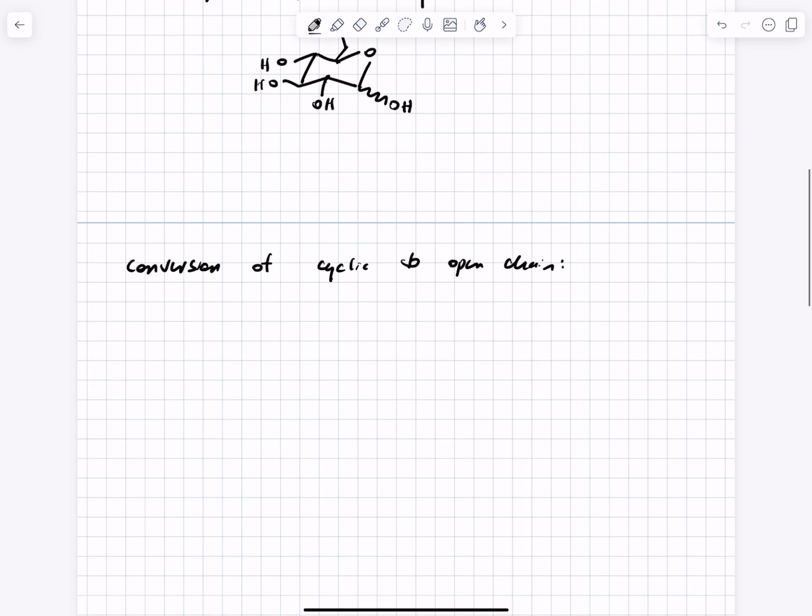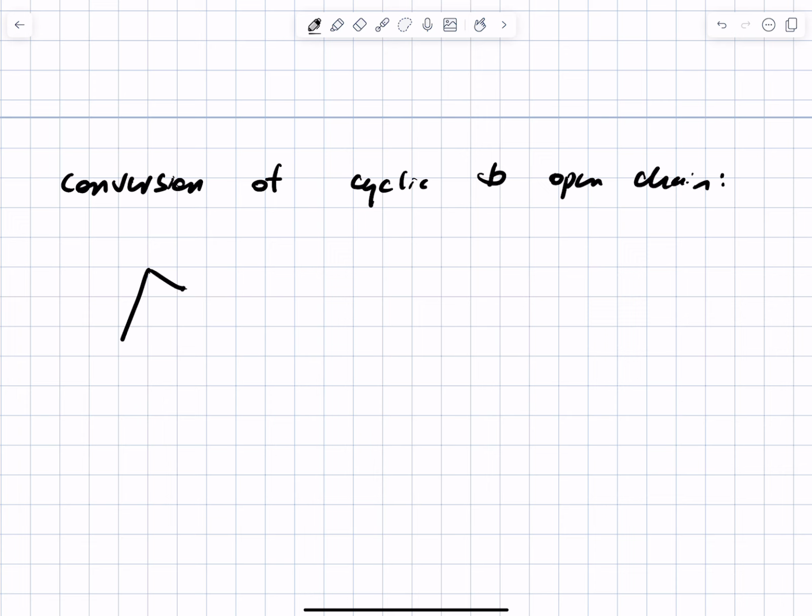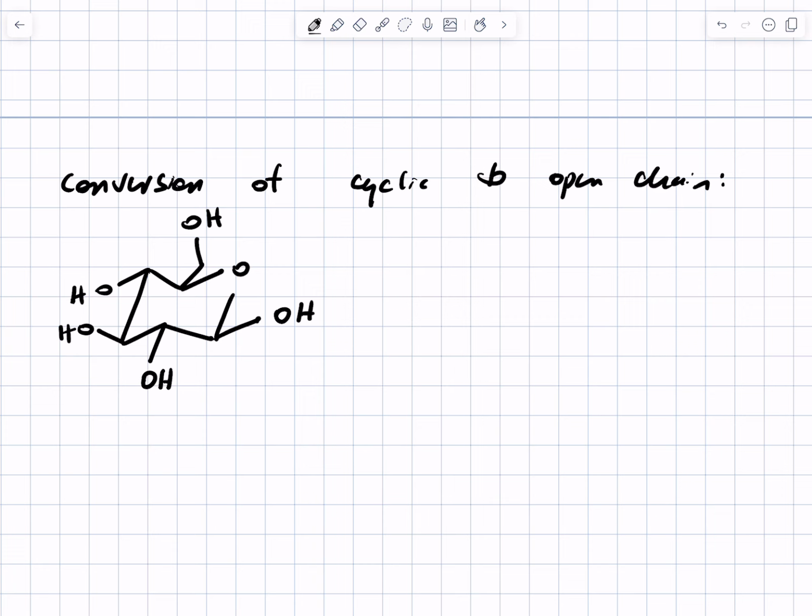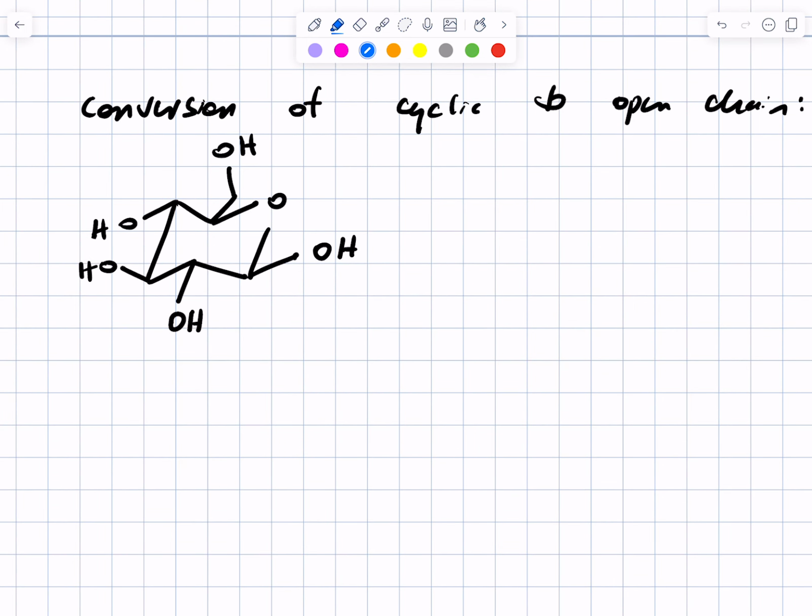All right, so let's just start with, say, the beta anomer. I know in the problem set it's a squiggly line, I'm just picking one of them. When you see glucose in its cyclic hemiacetal form and you want to go to the open chain form, start first by identifying the hemiacetal carbon.